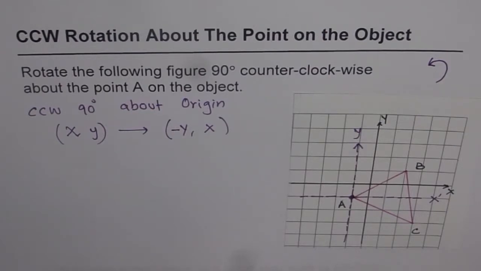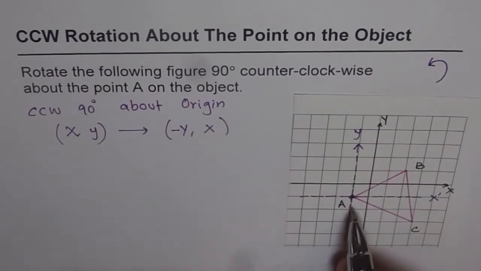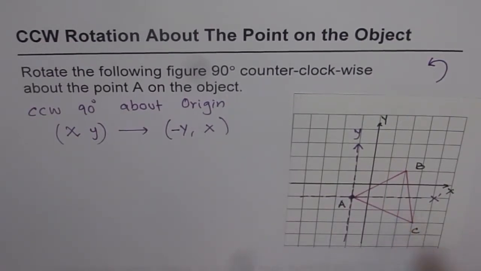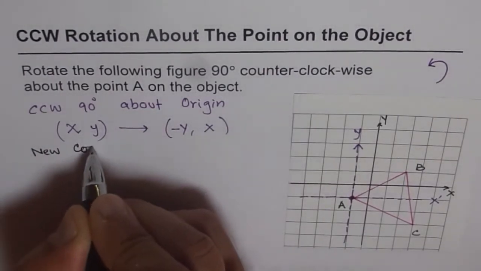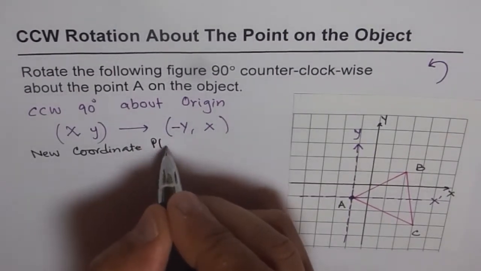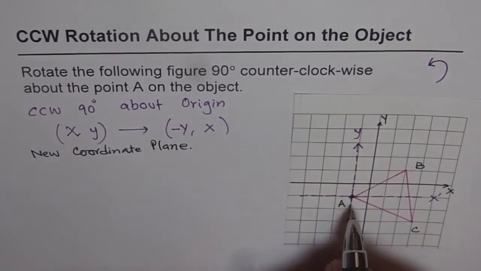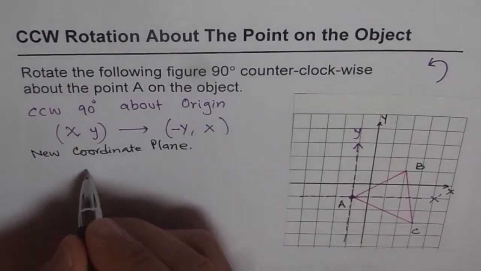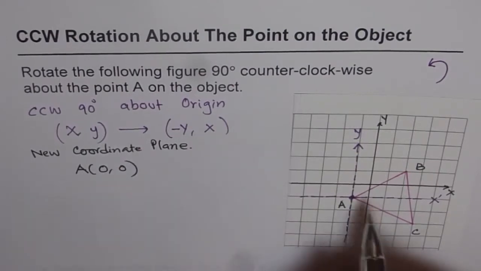So first step is make a new coordinate axis, and second, redefine your points with respect to the new coordinate axis. So we are considering now the new coordinate plane, right? And in that, A is at the origin. So let's write down the points which we have now. For A, it is the origin, 0, 0, right?